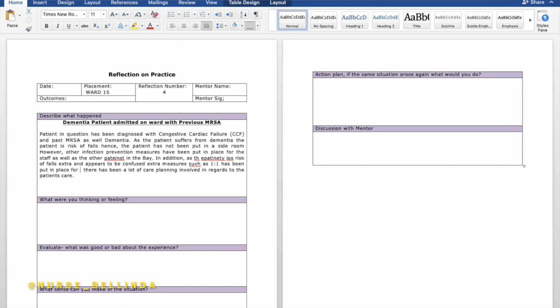Okay guys, don't mind my writing, I'll correct it. So that's the basic background of the patient, okay?